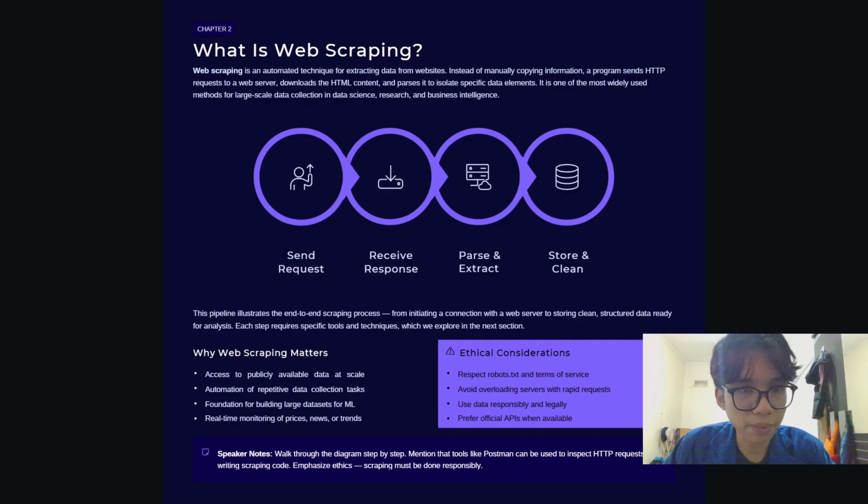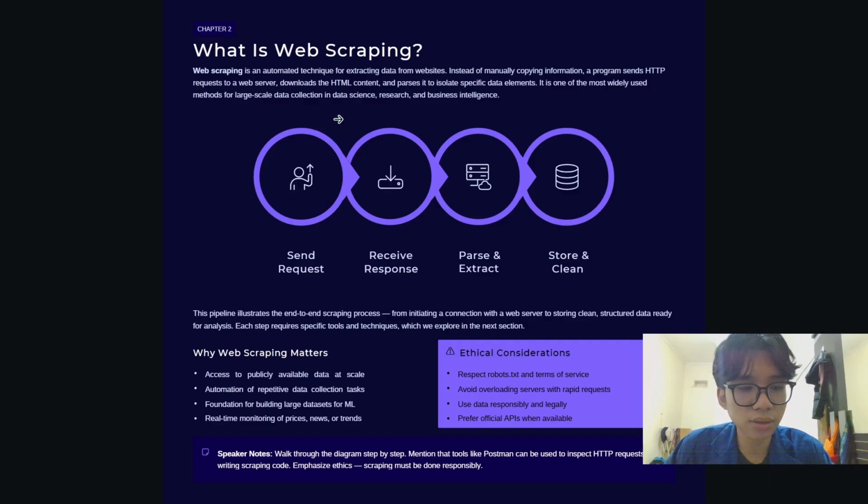Next, web scraping. Web scraping is an automated technique used to collect data from websites using a script or program. Instead of copying information manually, the system sends an HTTP request to a server, receives the HTML response, and extracts specific information based on text, classes, or element structures.